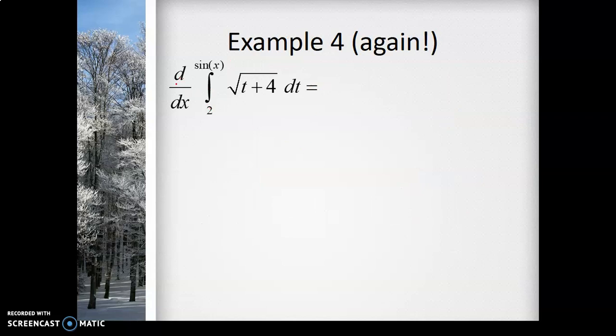So for example, the derivative of the integral of the square root of t plus 4 dt, going from 2 to sine of x, let's check all the pieces. This variable matches. We have a constant, and this variable matches.